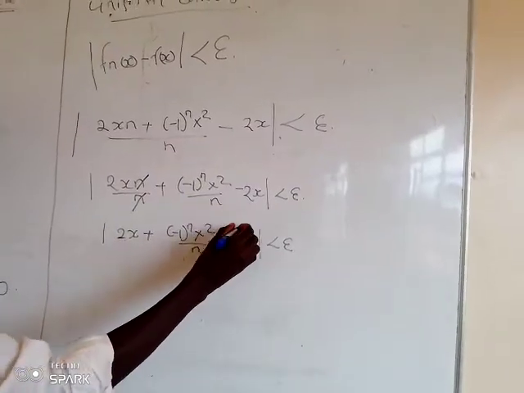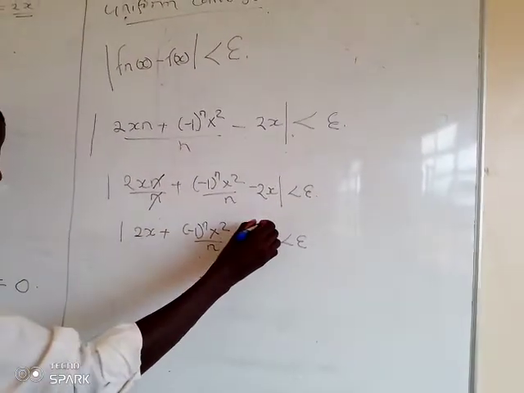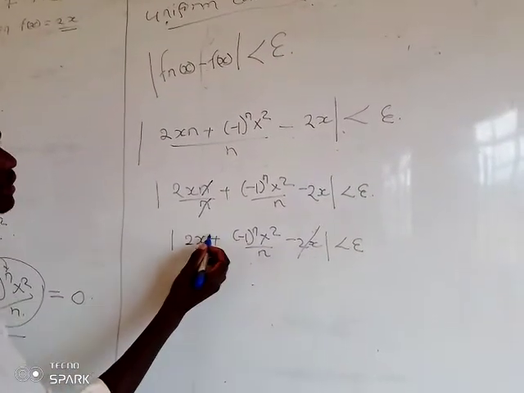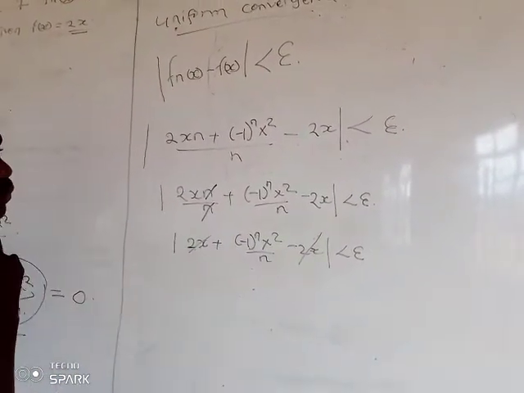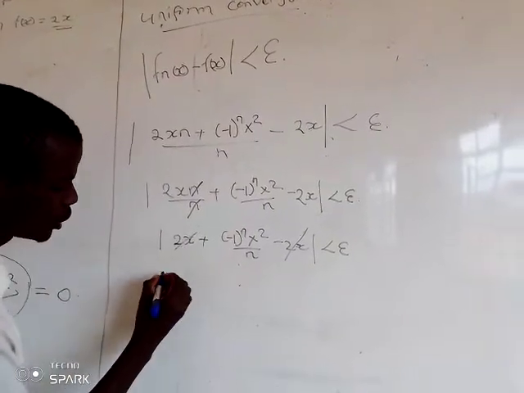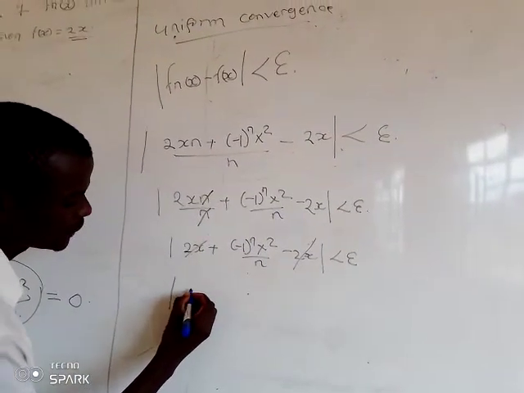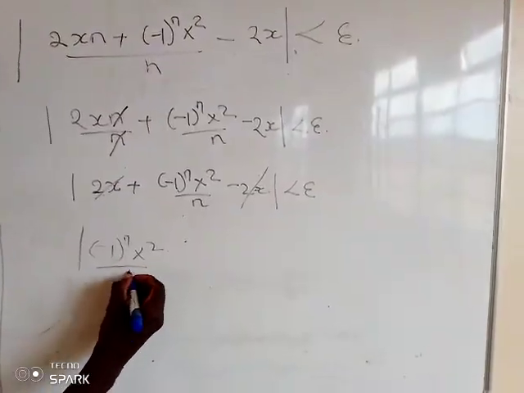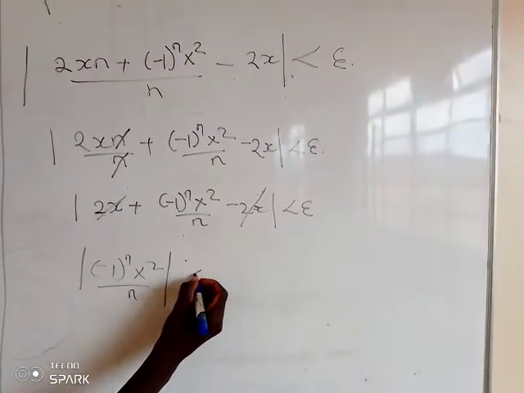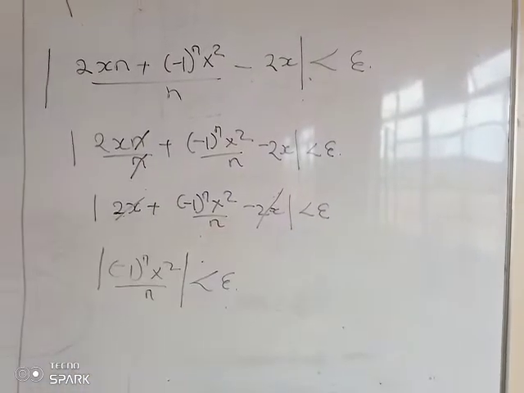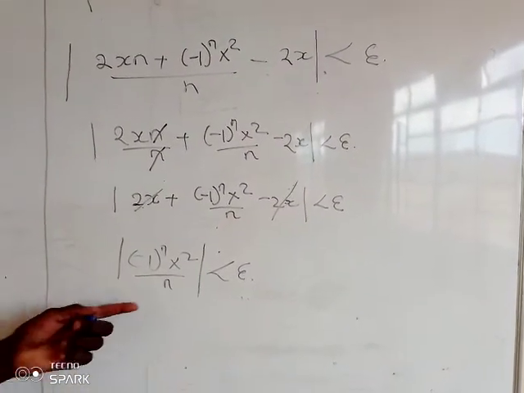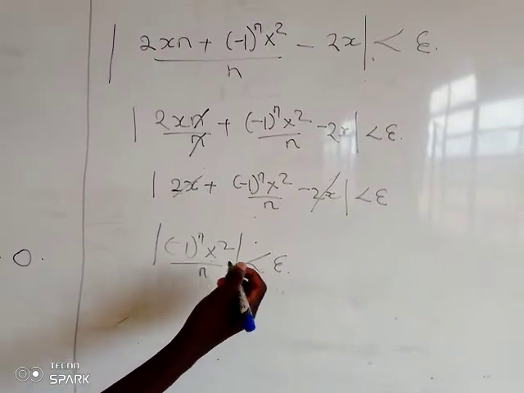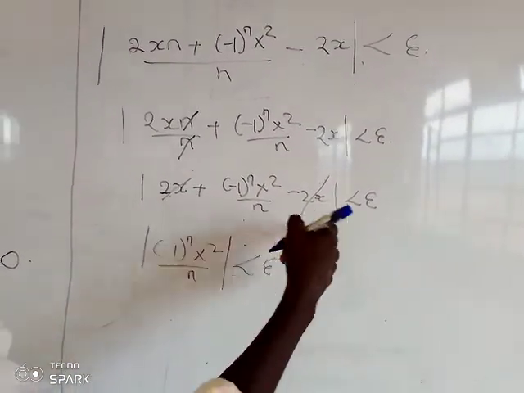If we subtract 2x from 2x, we get 0. So we remain with the absolute value of negative 1 raised to the power n times x squared all over n, which should be less than epsilon. And our choice of n is a number which ranges from 1 to infinity.